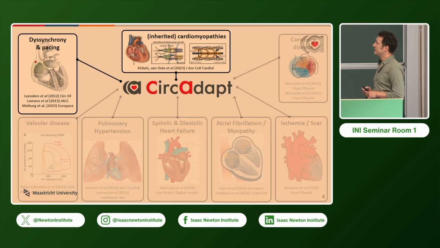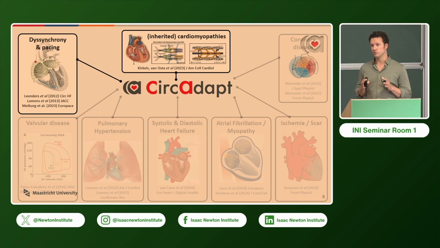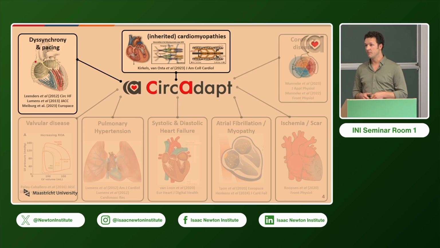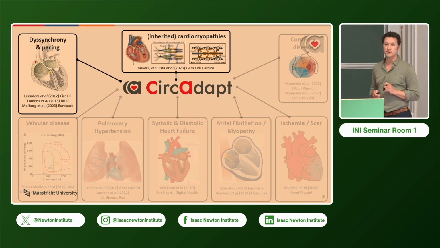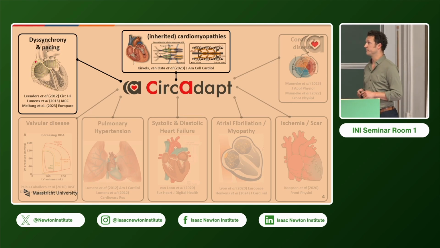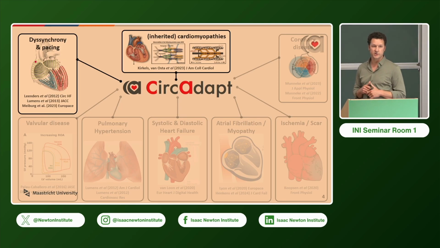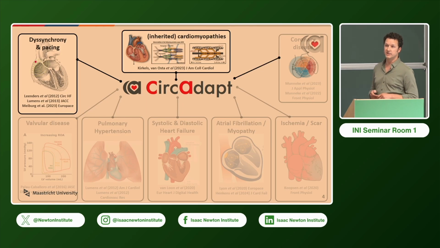In this presentation, I would like to focus on two applications where we actually generated personalized models, so digital twins, given mostly echocardiographic information available from the clinic. That's pacing in dyssynchronous heart failure patients, cardiac resynchronization therapy, and also ARVC patients, inherited cardiomyopathies.